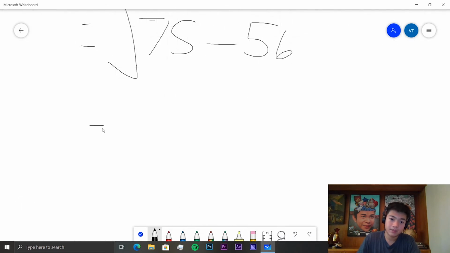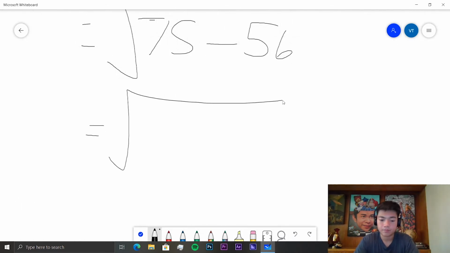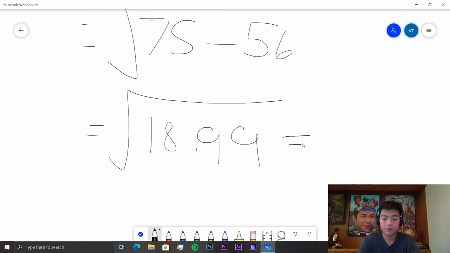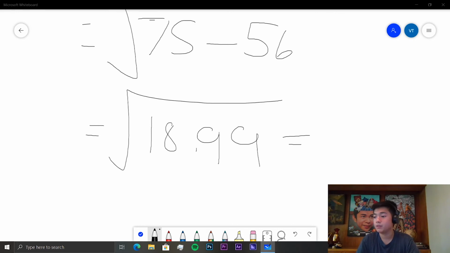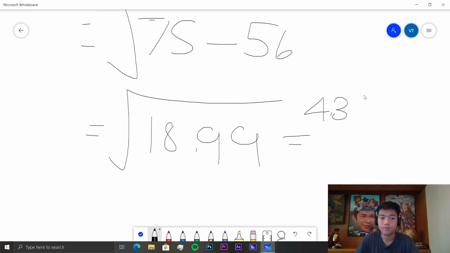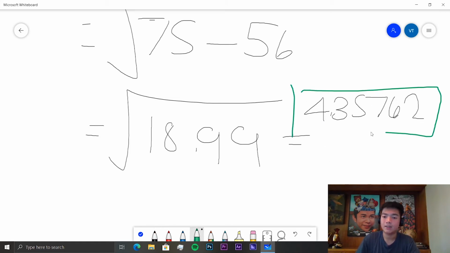So this should be equal to 18.99 effectively. The square root of 18.99 is around 4.35762. So this should be the answer, that's the standard deviation. That was pretty easy.